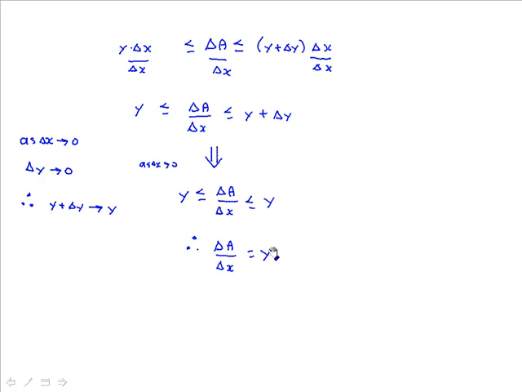So we sit here for a second or two, and we don't go anywhere. But then consider that delta A over delta x is the derivative of A with respect to x. That's by definition change in A with respect to change in x.